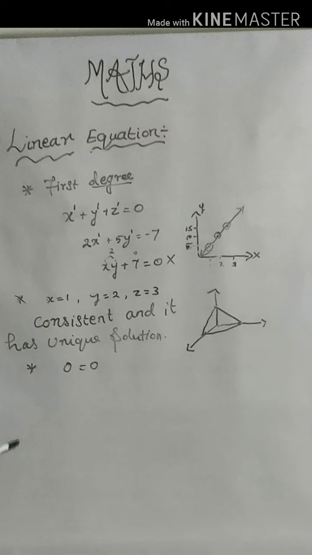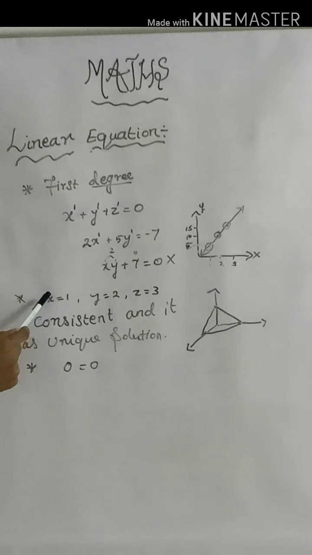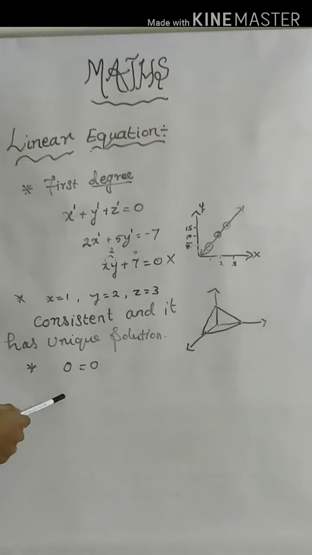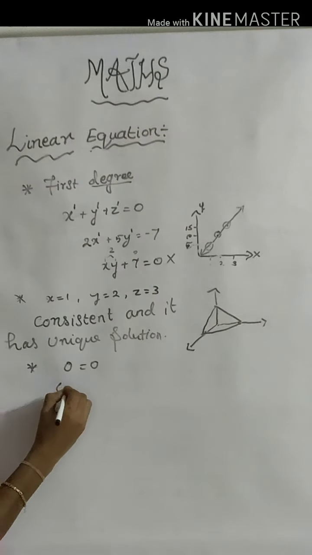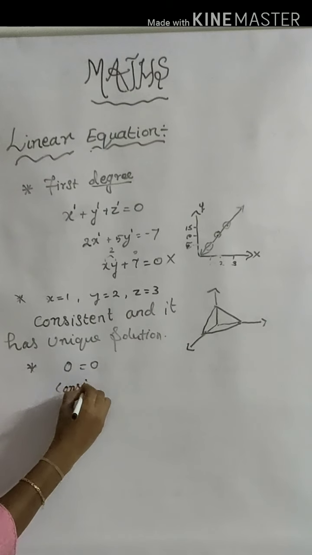Okay, the next way: if I arrive at 0 is equal to 0 while using the elimination method to solve this equation, at any step, I can say this is consistent. Why is it consistent? Because the left hand side and right hand side are equal. If it is equal, we have to say this equation is consistent and it has infinitely many solutions.